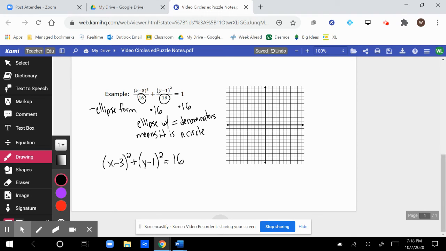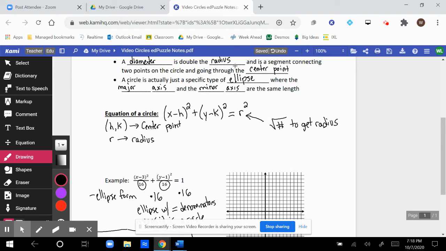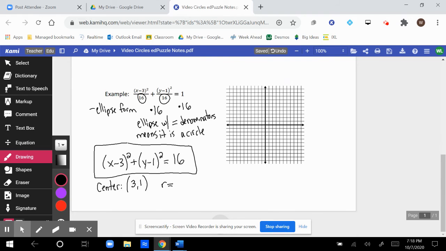And now this is in standard form for a circle. Okay, and you can figure out the center point and the radius from that equation. Your center point, h comma k, well, x minus h, so it's 3, y minus k, so that's 1. And now remember, most common mistake on this is to say r equals 16. Remember that that number on the other side is r squared. So square rooting 16, the radius is actually 4.